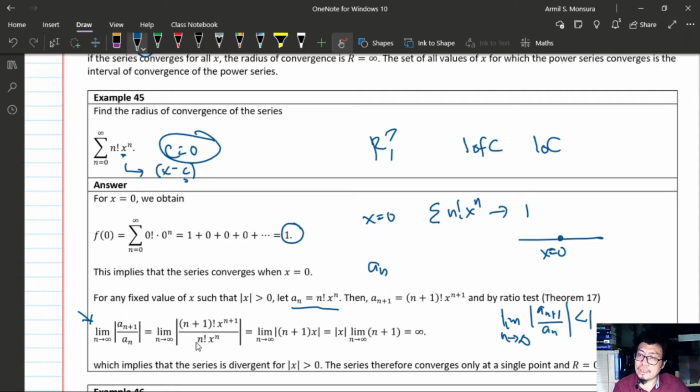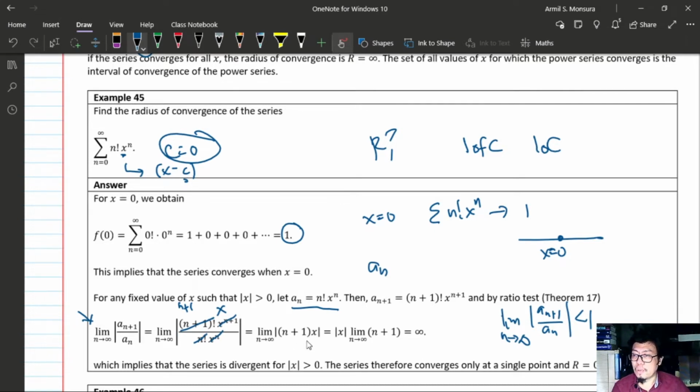We can cancel the n factorial, what is left is n plus 1. And we can cancel the x to the n, what is left is x. So we will have n plus 1 times x. That is what is left of it.